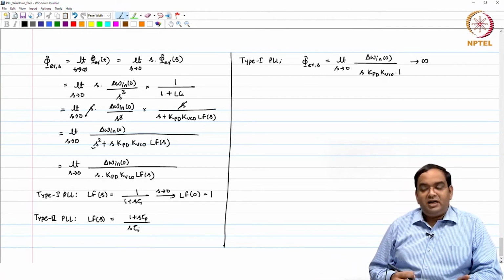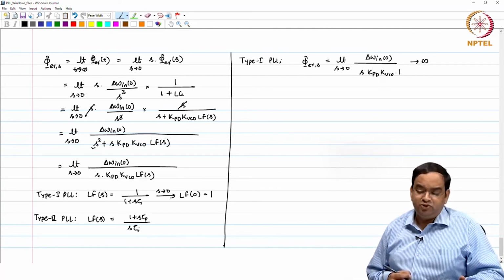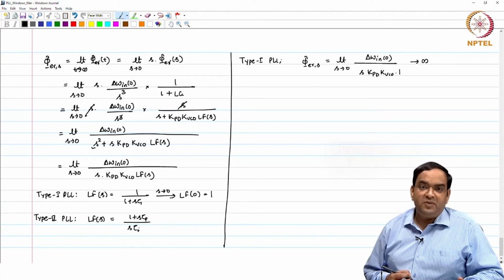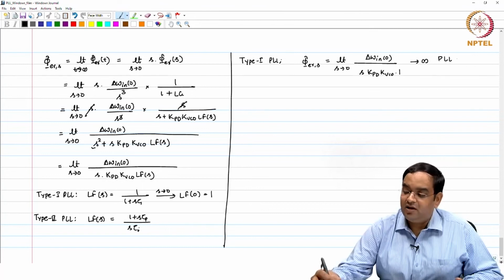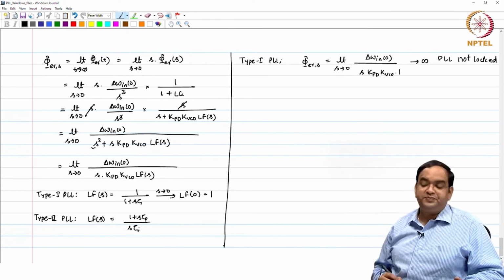So, if you have a type 1 PLL, type 1 order 1, that is what we have been using, then when you apply a frequency ramp to the PLL, the steady state phase error goes to infinity, which means the phase error does not settle, the PLL loses lock, it is not locked anymore.